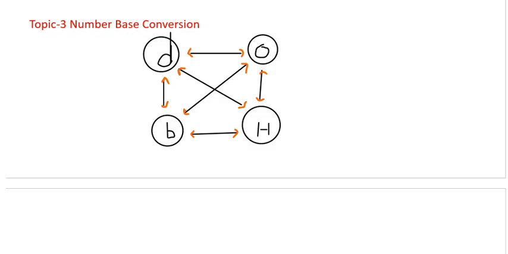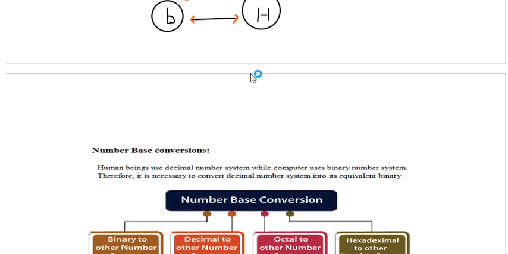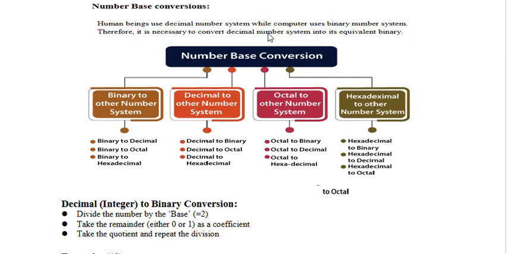Now let's learn these 12 types of conversions one by one. This topic may or may not come in your examination, but it will be very important for the upcoming topics which I am going to explain. This topic is the basics for the upcoming topics, so understand it very carefully. Now, number system conversions.